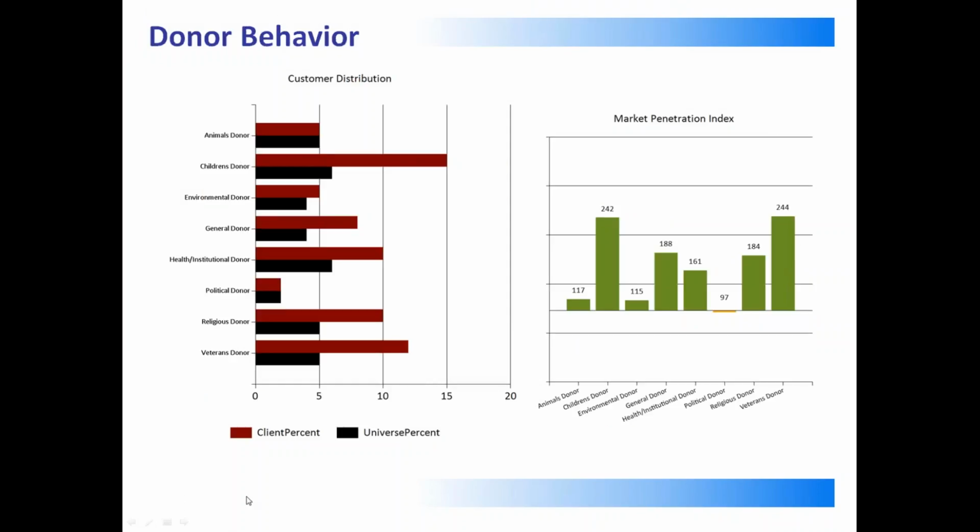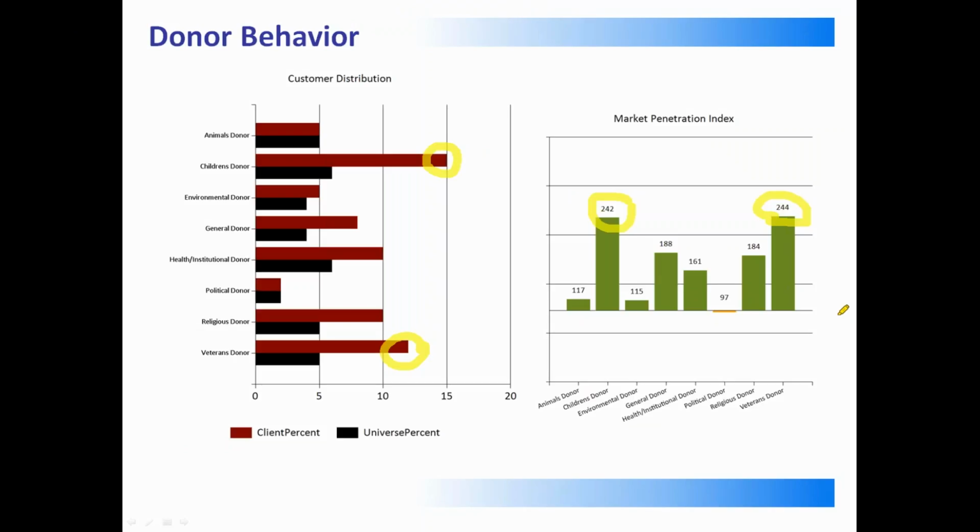When we look at charitable donor behavior, what we see is that the categories that are most prominent are children's donors, both from a frequency and an index standpoint, and veterans donors, also both from a frequency and penetration index standpoint.